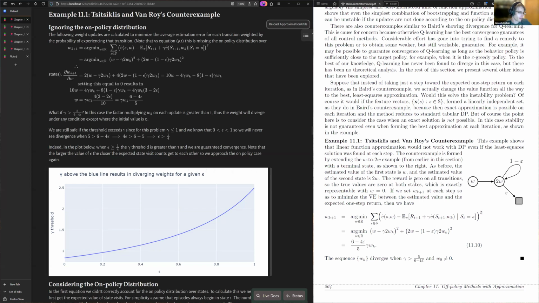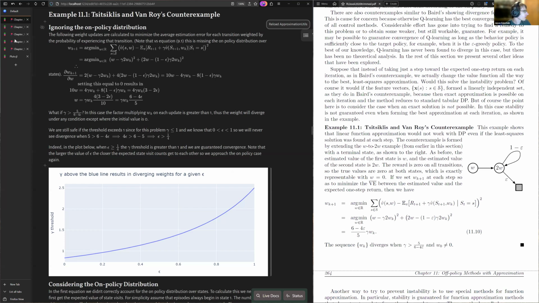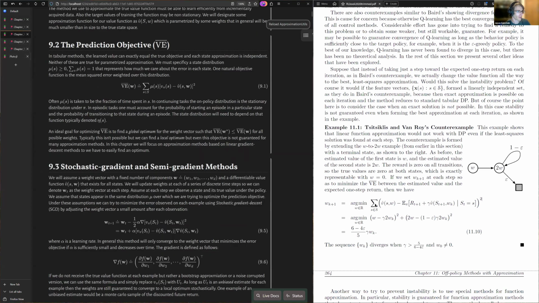Okay, so the problem here is that whatever we're doing here is based on this objective, where we're taking some estimate of this and trying to minimize the error. And we showed that with linear approximation, this converges, right? But it only has meaning when we have this distribution here.